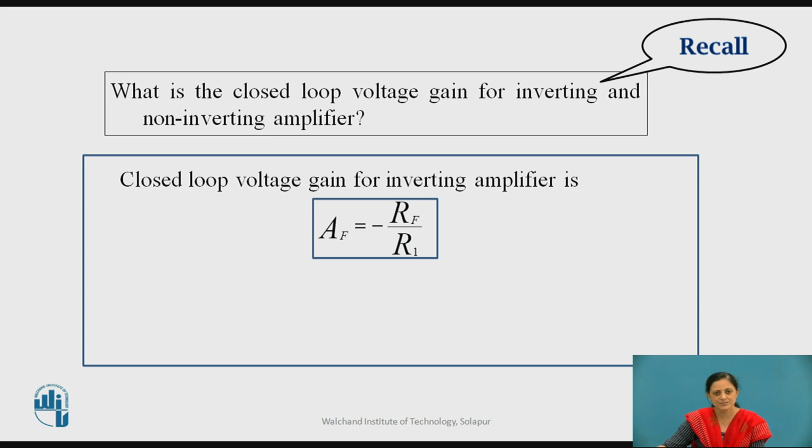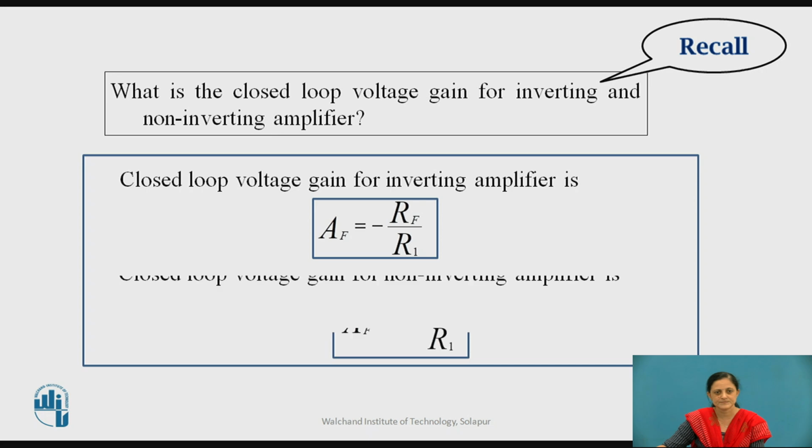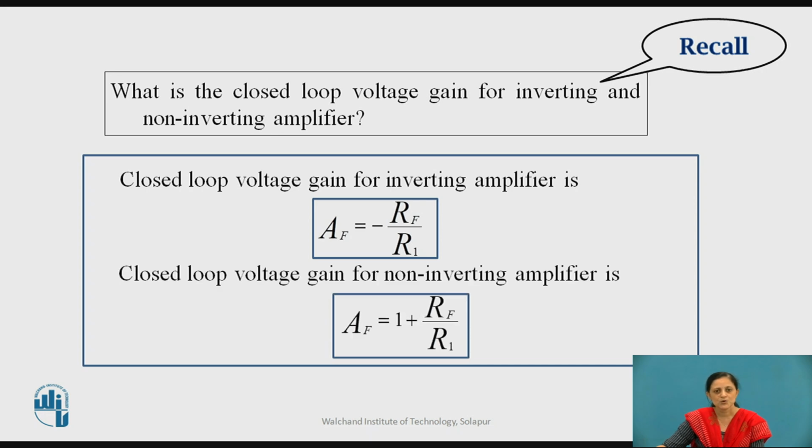It is the ratio of feedback resistor to the input resistor, and note that the gain is negative for inverting amplifier, whereas the closed loop voltage gain for non-inverting amplifier is given by the equation 1 plus RF by R1.